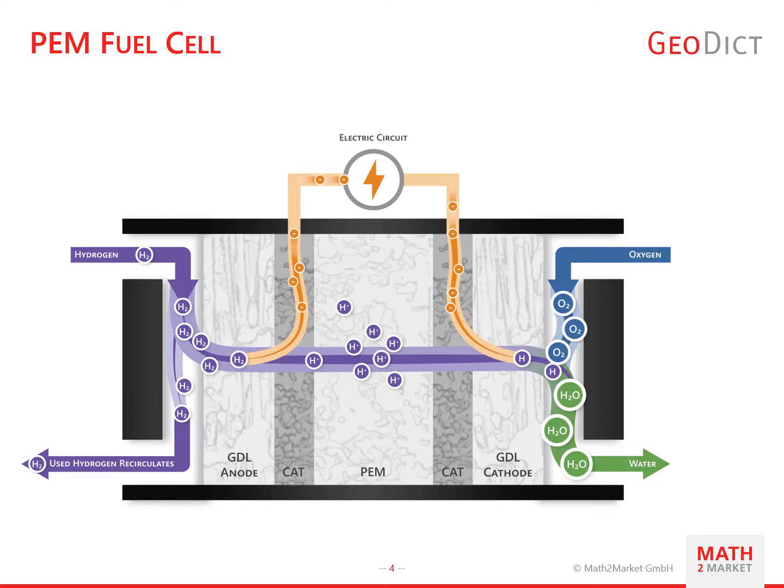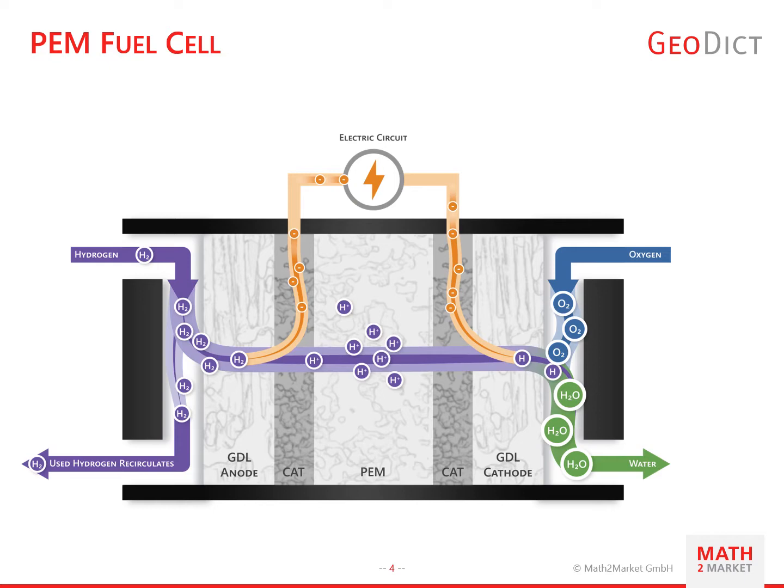The protons diffuse through the proton exchange layer, while the electrons drive the electronic circuit. On the cathode side, hydrogen and oxygen react to water here. As you can see, the PEM fuel cell setup consists of several individual layers with a unique microstructure and functionality.